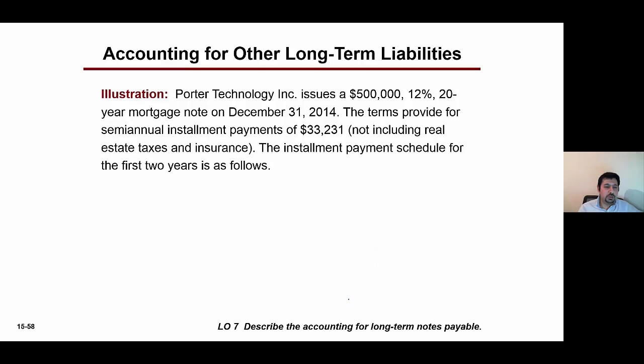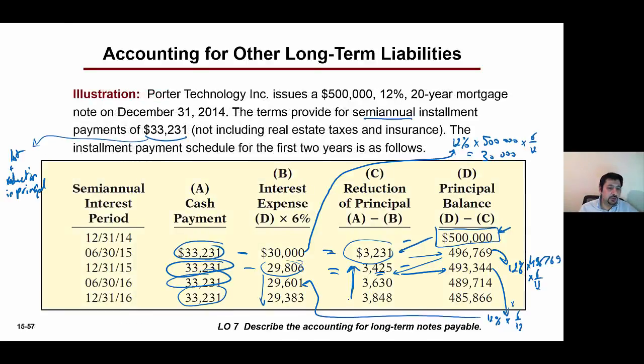So Porter Technology Inc. issues the 500,000 note. This is the same, but here we need to record the installments to make the journal entries for the first 2 years. First, we need to record the signing of the note.